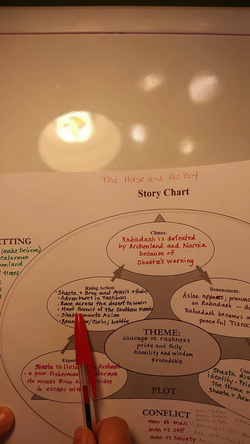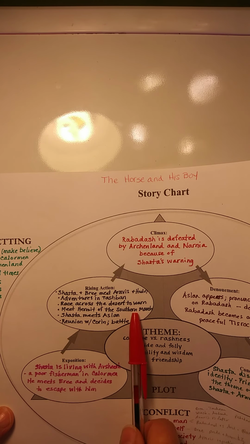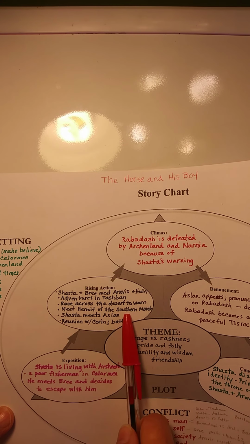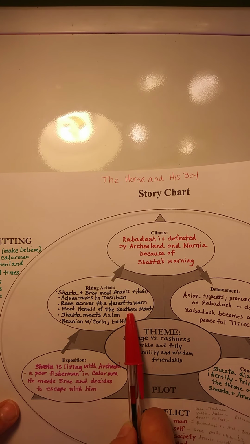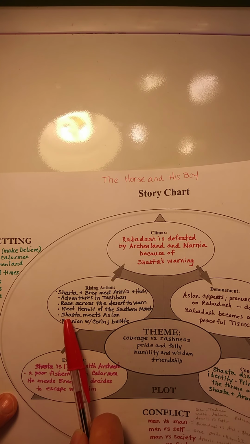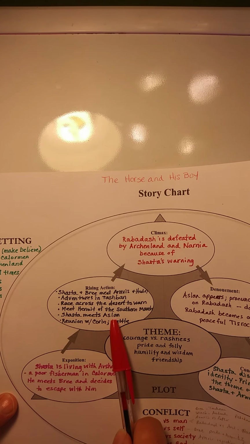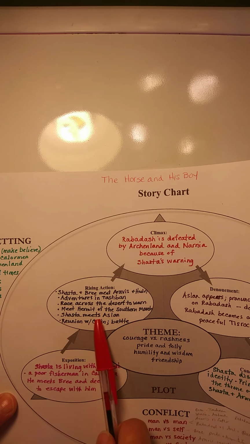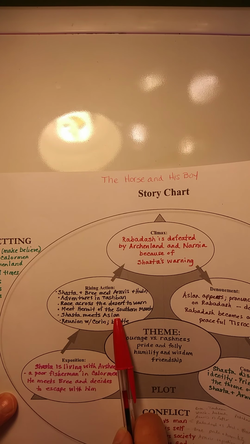On the way, they meet the Hermit of the Southern March, who gives them respite or rest and gives Shasta instructions to continue on to warn King Lune. Then we have Shasta meeting Aslan on the foggy mountain and learning that Aslan was the one with him all these times.